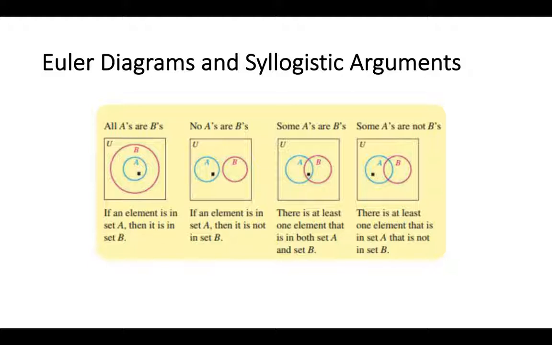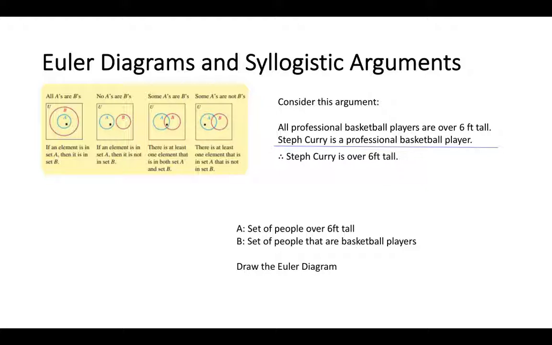Now let's look at an example. Let's consider this syllogistic argument. The premises, which are written above that solid blue line, are: all professional basketball players are over 6 feet tall. Steph Curry is a professional basketball player. And the conclusion is, therefore, Steph Curry is over 6 feet tall.